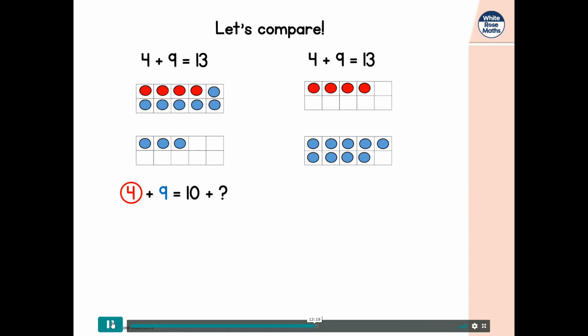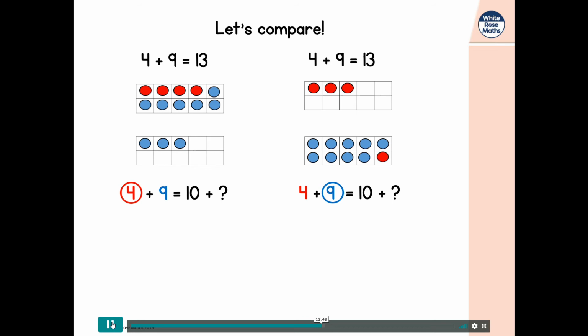We then tried it a different way. Remember this? Same question, same 10 frames, same number of counters. But this time we looked at the number 9, the blue counters. And what we did was, thinking about our number bonds to 10, we added 1 red counter to make 10.